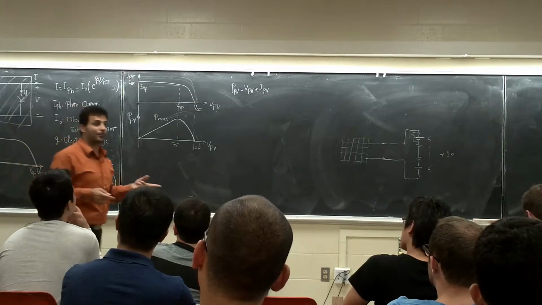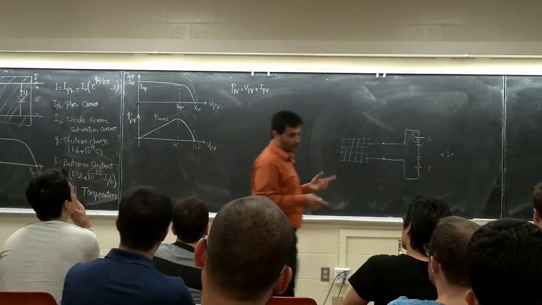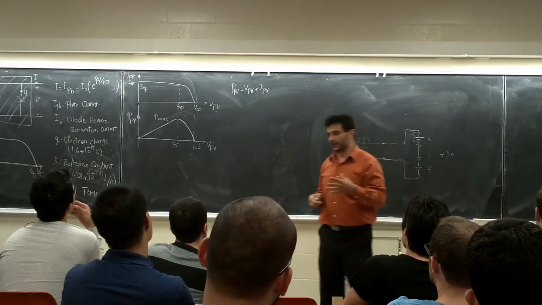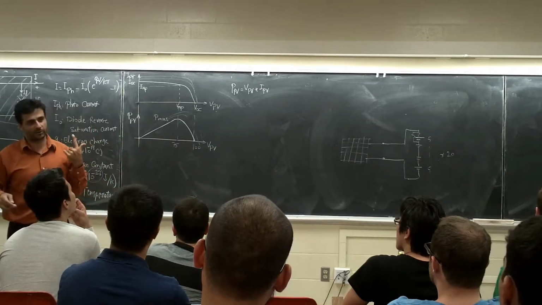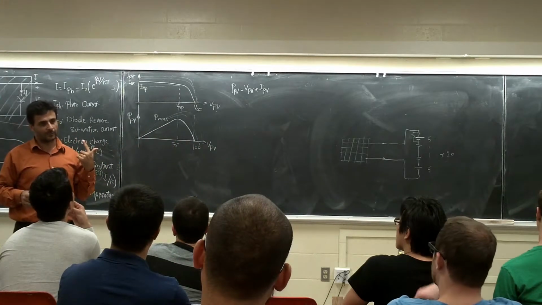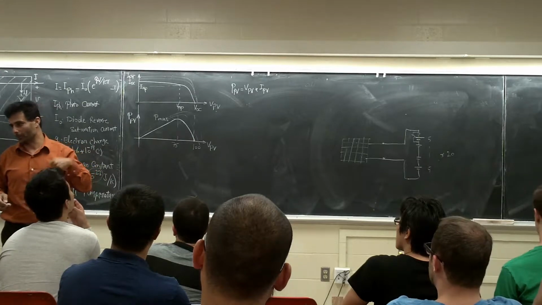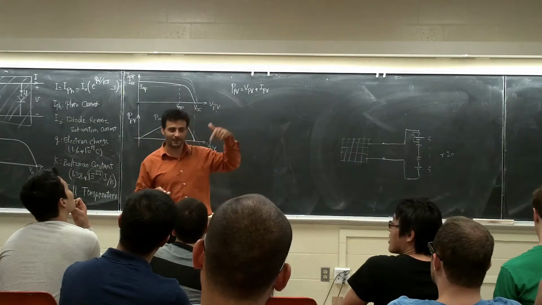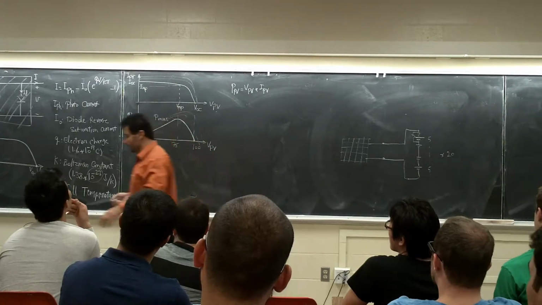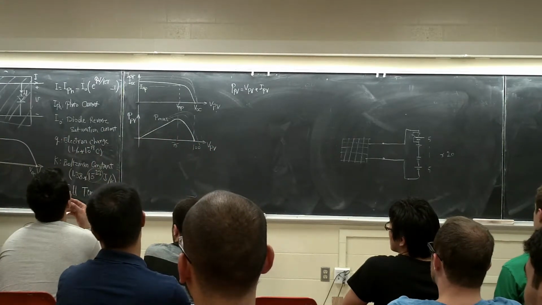The other one is the temperature. If it's cold or if it's hot, what do you think? If the temperature goes up, do you think the power generation is going to go up or down? The power generation is going to go down. People maybe think, oh, it's a warmer day, so we have more energy. No, the power generation is going to go down. If you look at the typical curve for this one, it's like this.